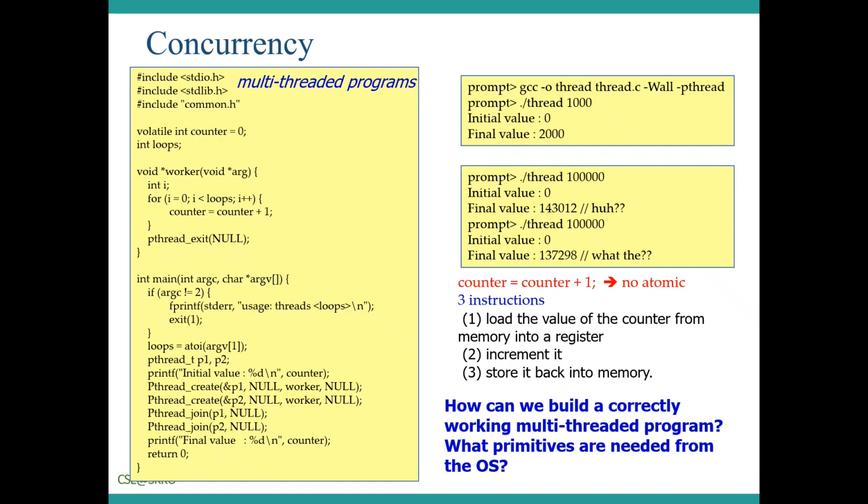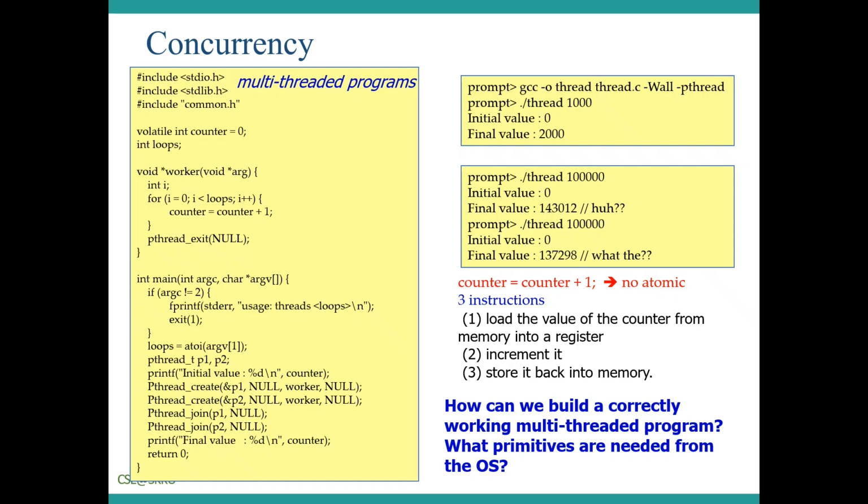But things don't always go that smoothly in real life. Let's try running the same program again, but this time with a bigger number, like 100,000 loops. Surprisingly, instead of getting 200,000, we get a different number, 143,000.